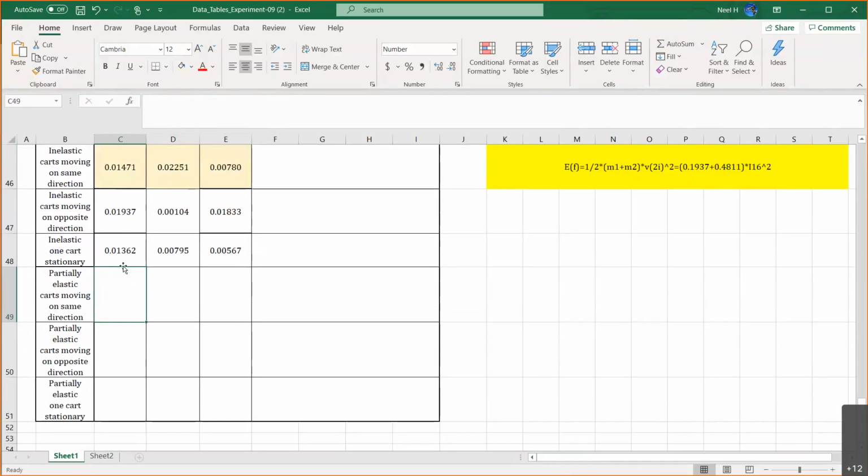Okay, let's continue. Equal sign, parentheses, partially elastic type collision. Still, I should get very large energy loss here too, right?